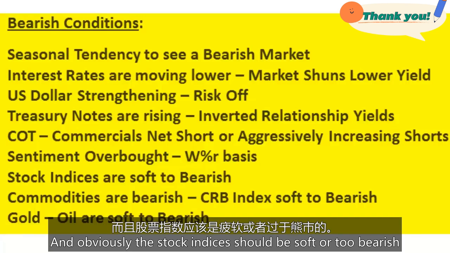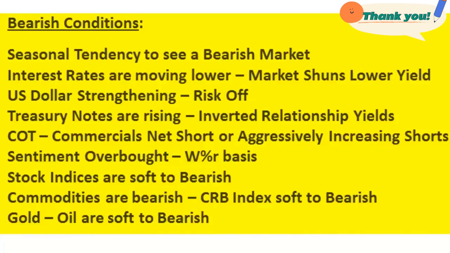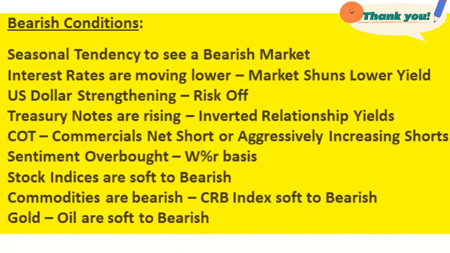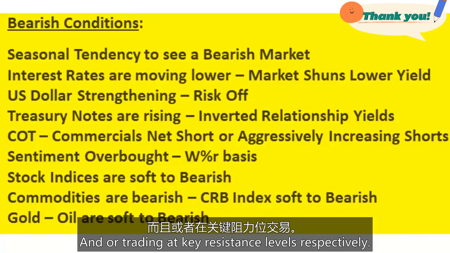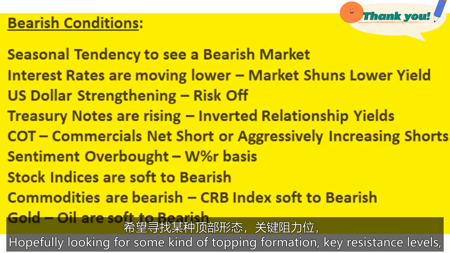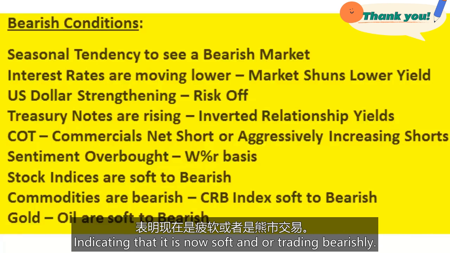And obviously the stock indices should be soft or bearish on the daily chart, so your NASDAQ, Dow, and S&P indices should be topping in here and or trading at key resistance levels respectively. Commodities at this point should be bearish, and we would be referencing the CRB index again, hopefully looking for some kind of topping formation, key resistance levels, or some rejections at the highs, indicating that it is now soft and or trading bearishly.